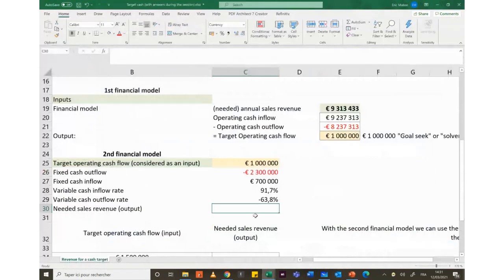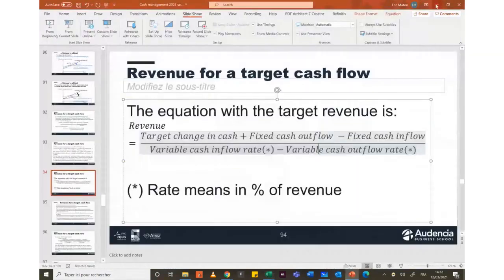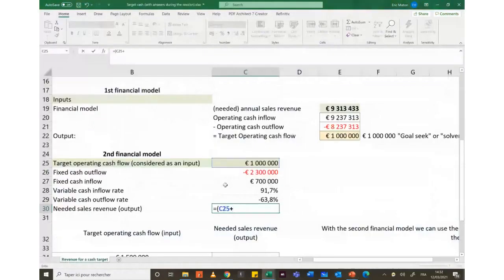So we have this one plus, what we said, cash outflow is in positive. So I should put in positive. So minus this one in order to have it positive.